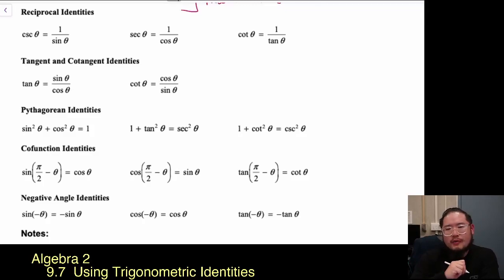Well, if I subtract cosine squared theta from both sides, that tells me that sine squared theta is equal to 1 minus cosine squared theta. Or I could do the same thing and solve for cosine squared theta. I'll subtract sine squared theta from both sides, and so I could also say right here that cosine squared theta is equal to 1 minus sine squared theta.